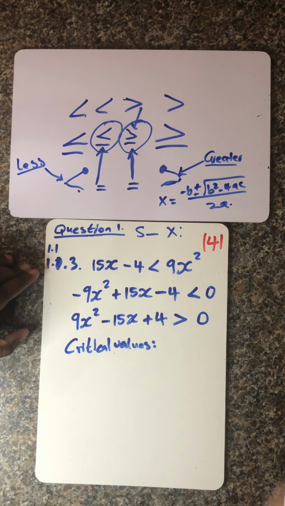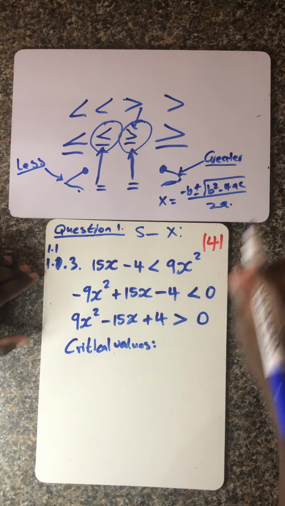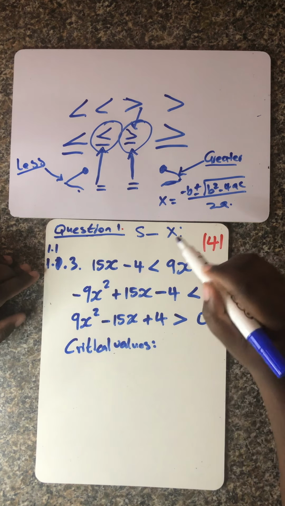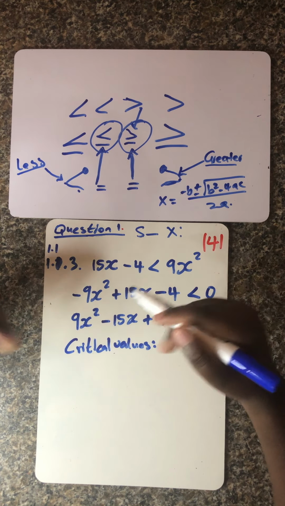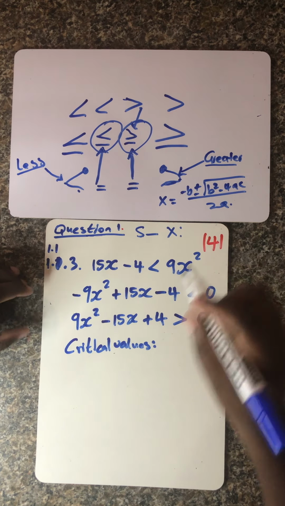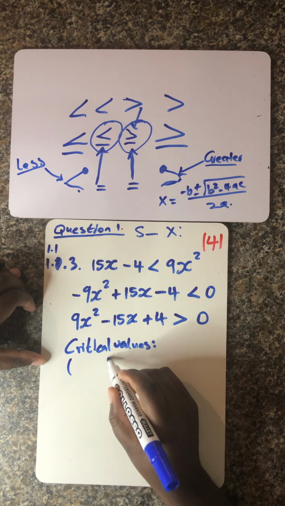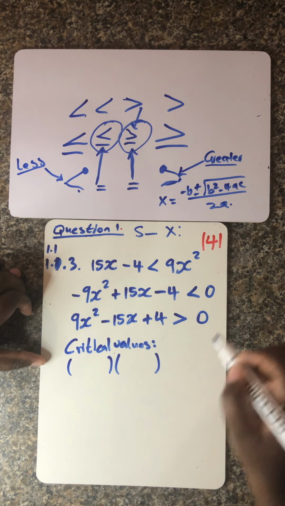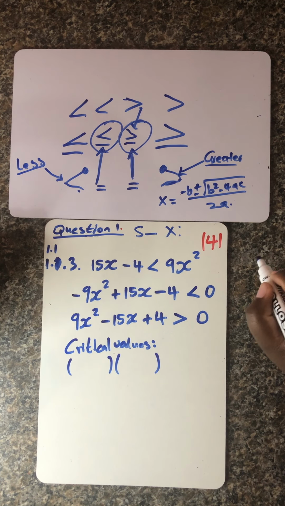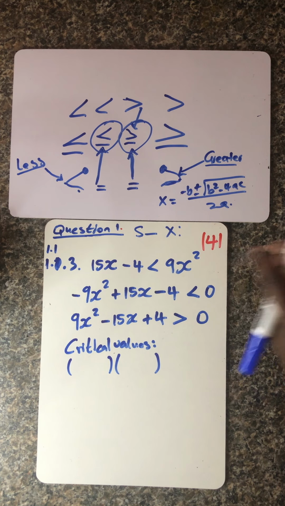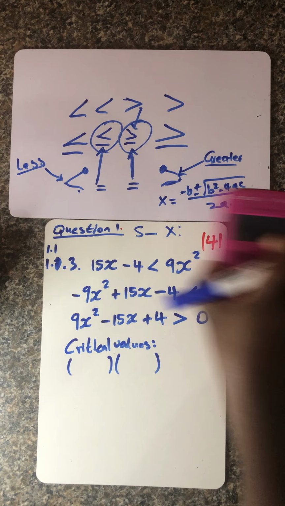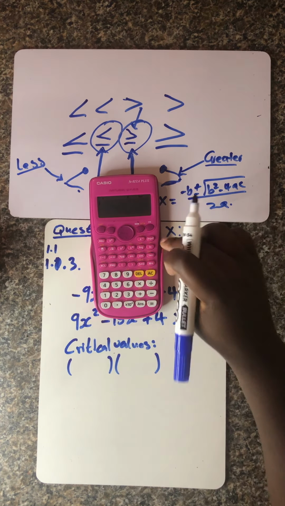Why do you need to know this formula? It's because in a situation similar to this one, it might take you a bit of time to come up with the correct factors. What we need, ladies and gentlemen, is the correct factors. So in my case, I'm just going to use that formula.